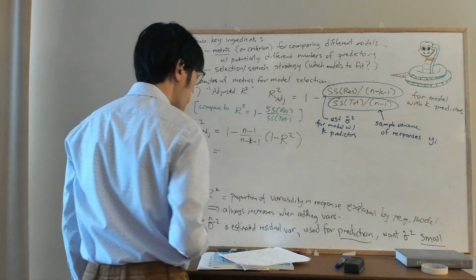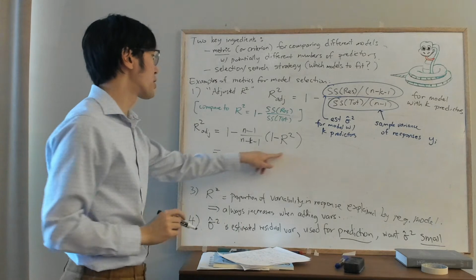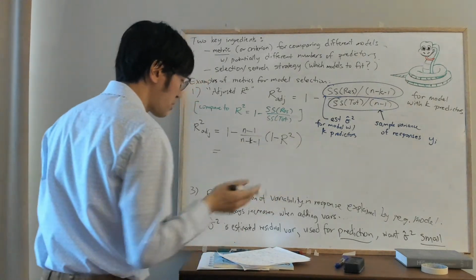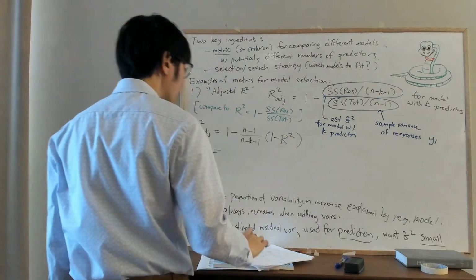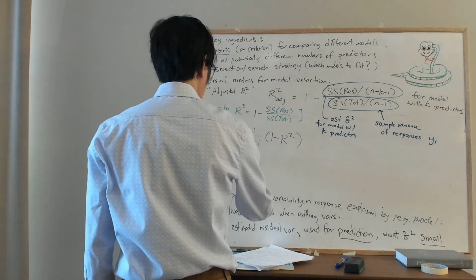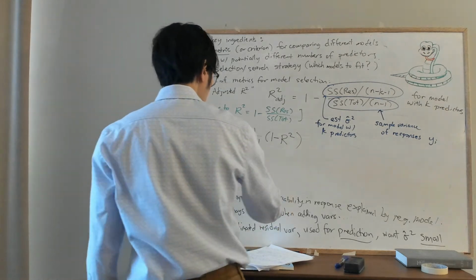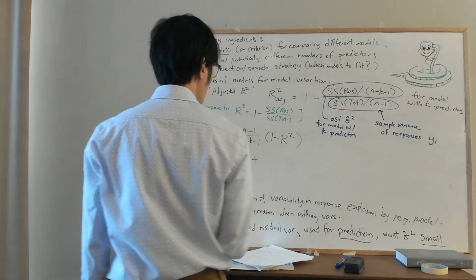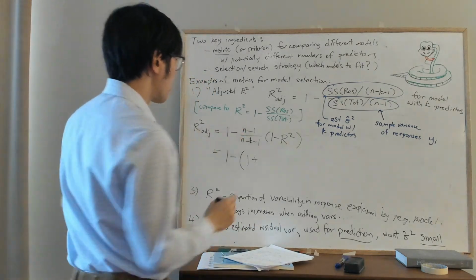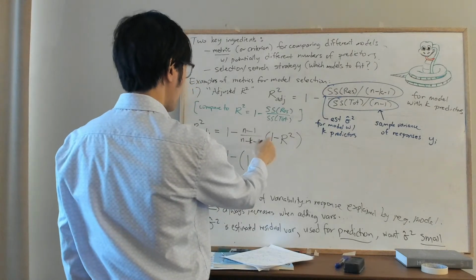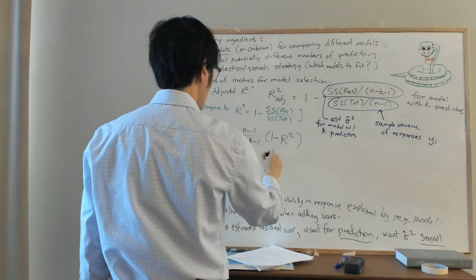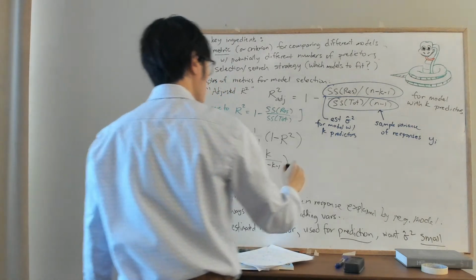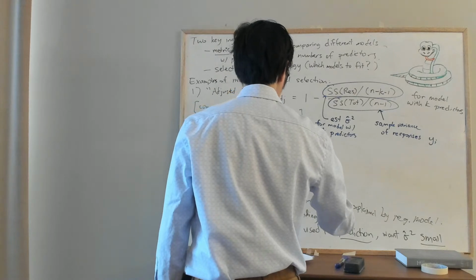And so further, just to make it more clear, let's try to write this in terms of r squared minus a factor. Okay, so 1 minus, denominator n minus k minus 1, so I can put 1 plus, so I'll need to cancel a k, so this is going to be n minus k minus 1, and then you get n minus 1, so I need a k over n minus k minus 1, times 1 minus r squared.